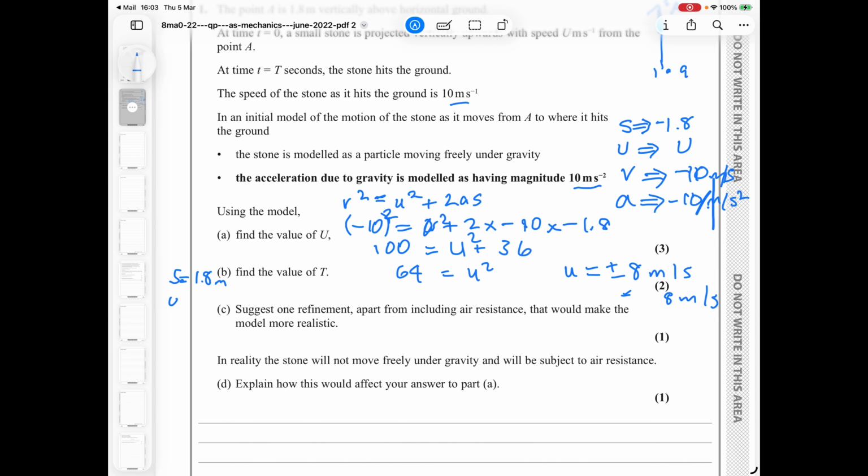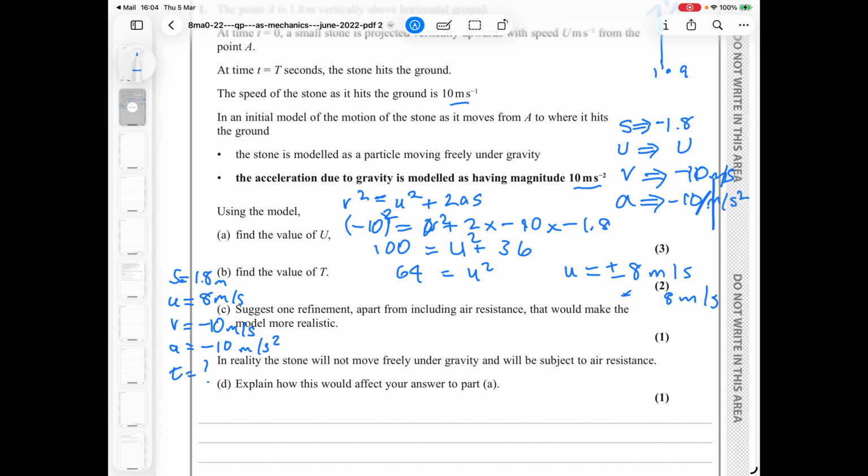But u we do now know is 8 meters per second. V is still -10 meters per second. A is -10 meters per second squared. And T, we don't know what that is.